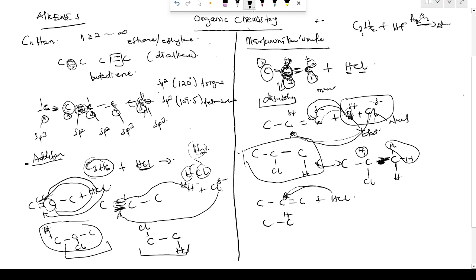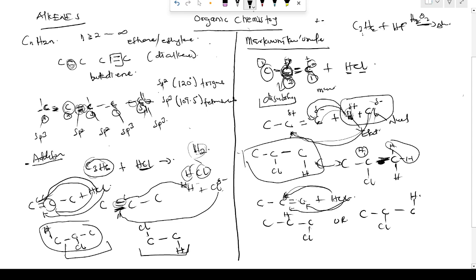When we do it this way, we are doing the anti-Markovnikov, and the halide will be attached to this carbon with the more hydrogen. Or we can do the Markovnikov rule, and that will give us the chlorine attaching itself to this carbon, and the hydrogen attaching itself to this carbon.